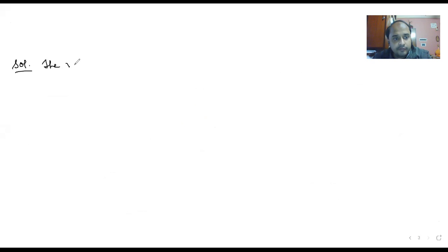The value of X bar is the summation of Xi bar divided by N, and that value has come out to be 6.2912.